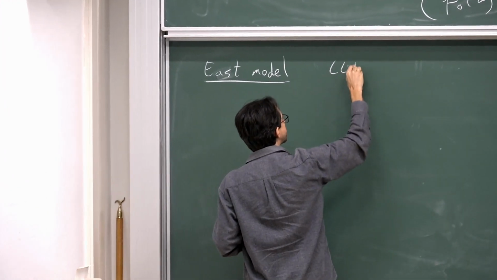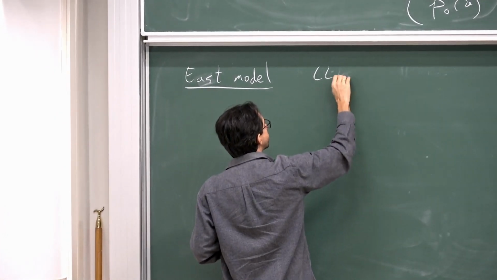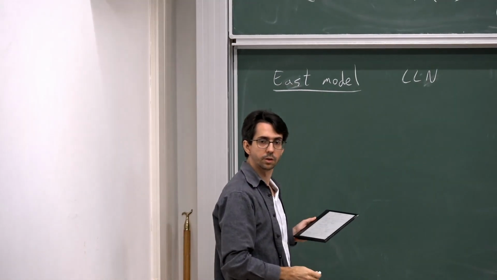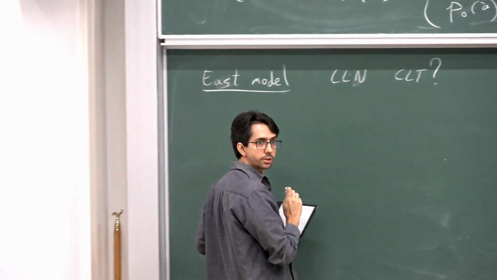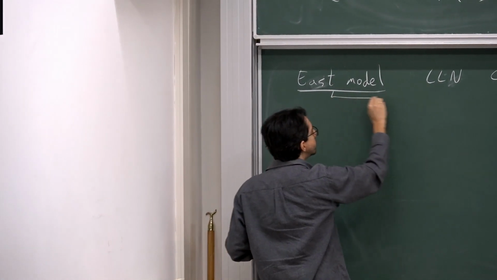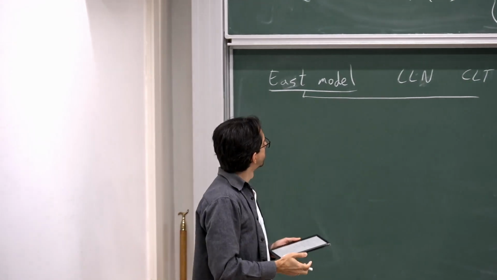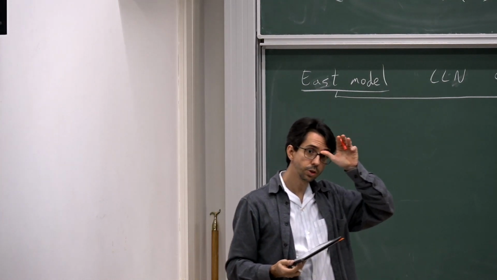And for the East model, since we know this, the law of large numbers works here, but we don't know if we have CLT. So that's a very nice problem that we consider trying in the future.